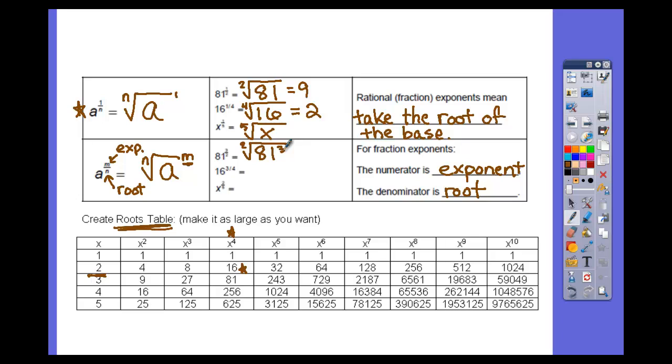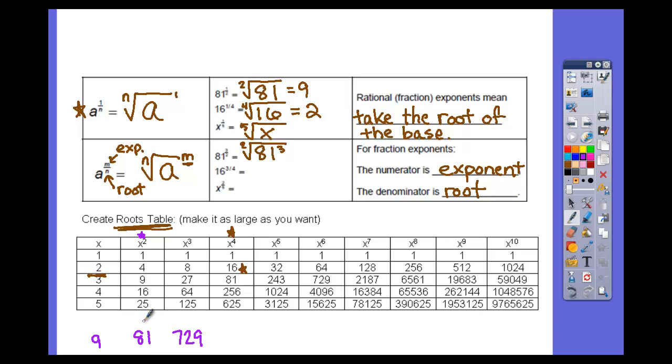And what I really like to think of it is you find the root first, so like square. And I'll do this example in purple. So I'm going to start here with my square. 81 is not there, but 81 would go with 9. Okay, and then I do 9 cubed, and 9 cubed would be 729.